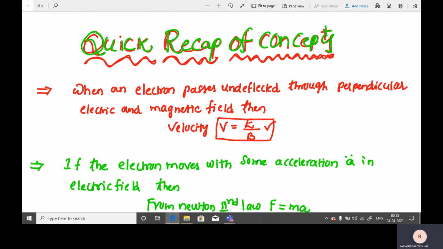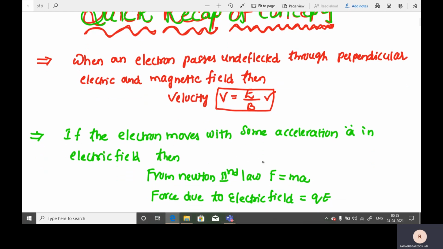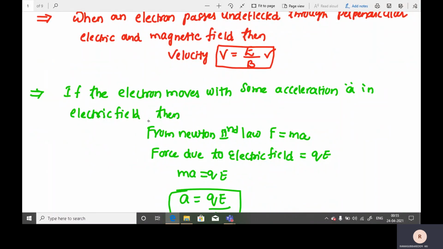Then the second one: if an electron moves with some acceleration a in an electric field, from Newton's second law we have F is equal to ma, and the force due to the electric field is F is equal to qE.